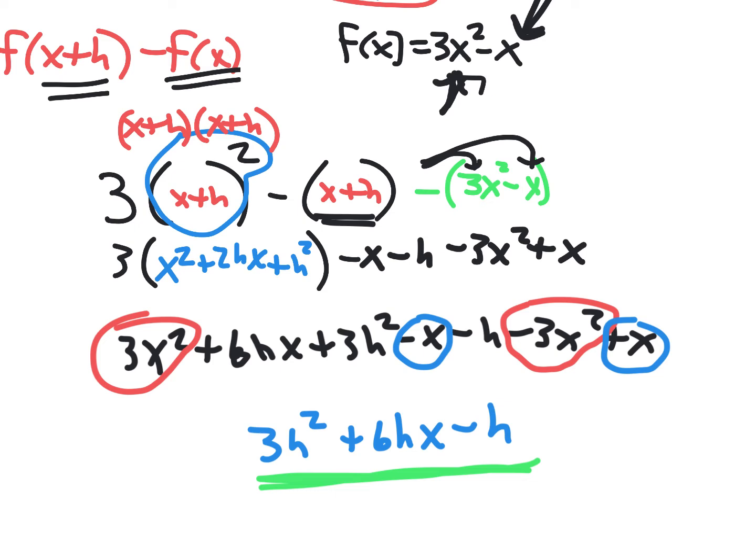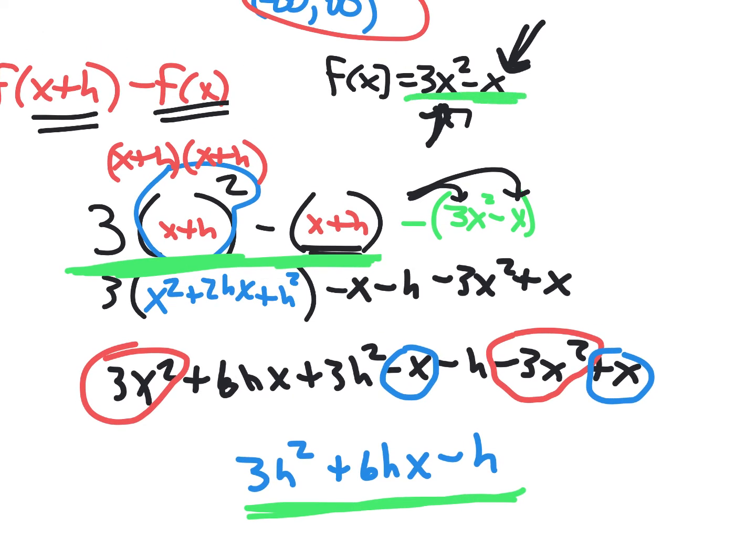Is there any part of it that you want me to re-explain, like, how did you get that? Yes? Yeah, how did you get the first line that you wrote, the 3 and then... Right here? Yeah. All right, so see what I just underlined really dark with green? That's the same thing as this, the original function, except I put in an x plus h right here and right here.